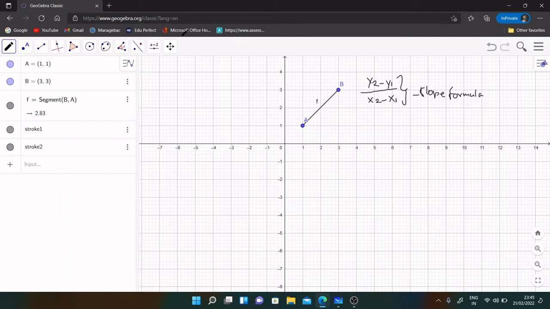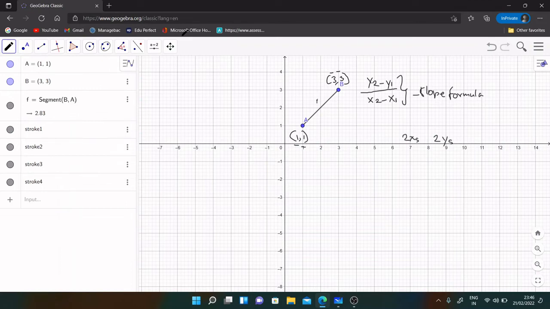What is x1, y1, y2, x2? Before finding that out, let's start finding the coordinates 3 comma 3 and 1 comma 1. Now this is x value, this is y value, and we have another x value, another y value. So we have two x's and two y's.